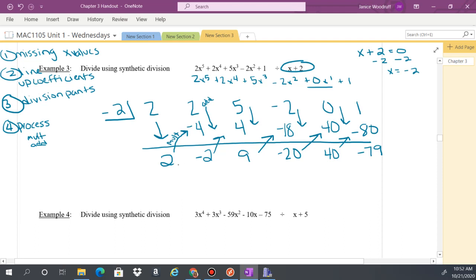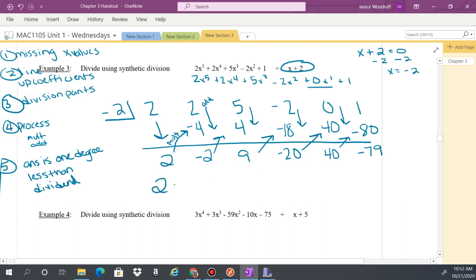Okay, so then you're going to take your numbers, and your answer is going to be 1 degree less than the dividend, where you started. Which means I started with an x to the 5th, so I'm just going to go 1 degree down.